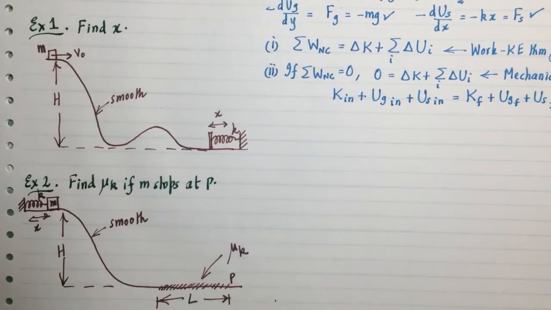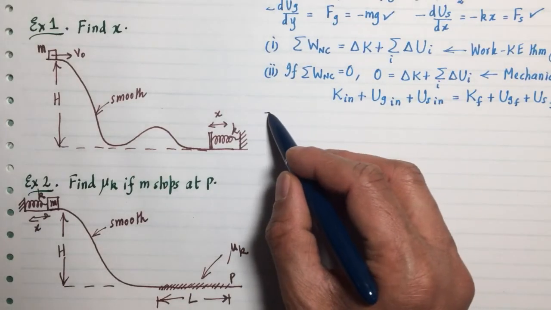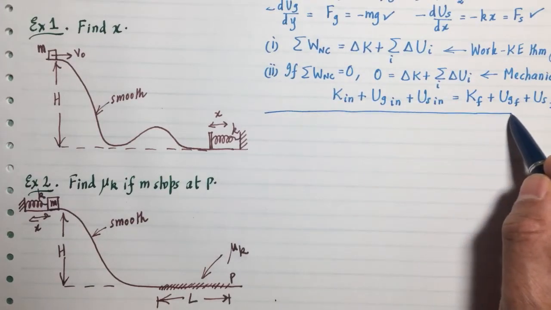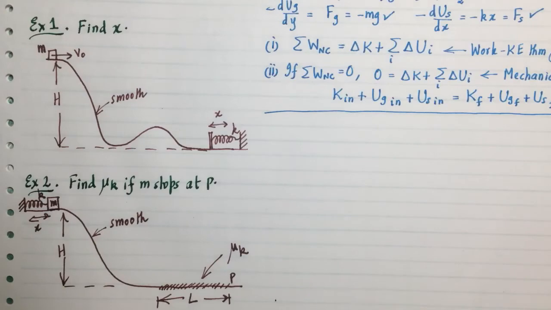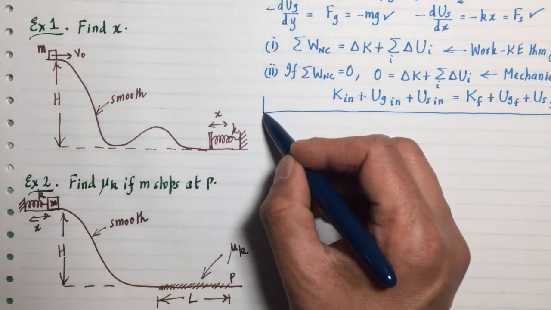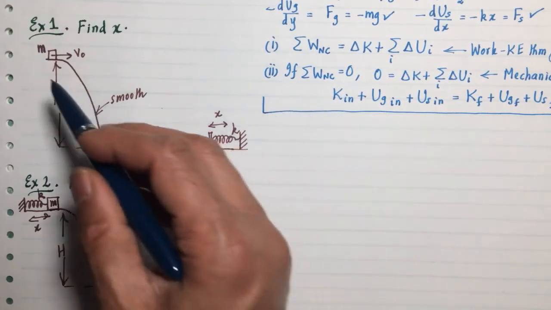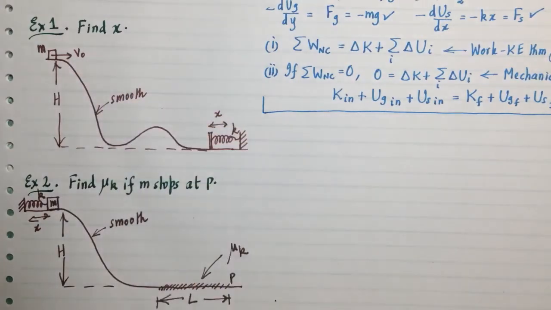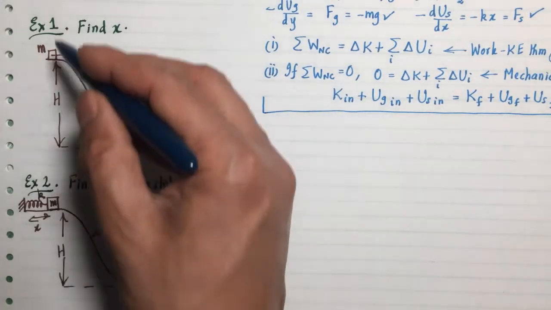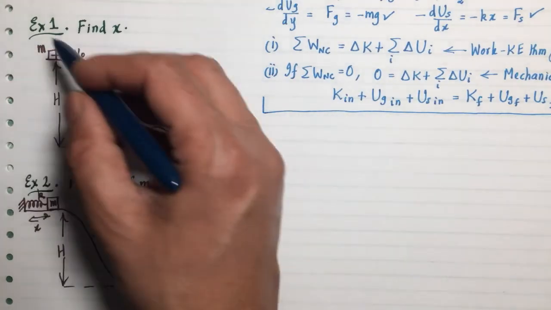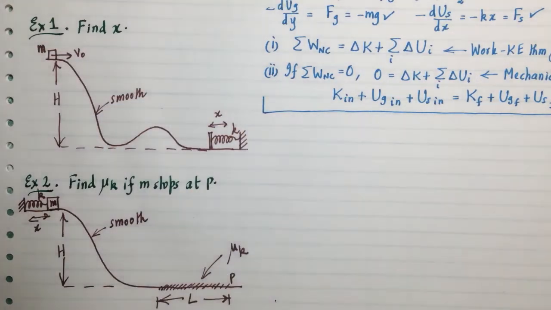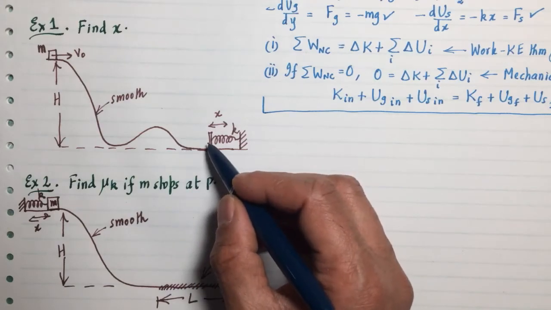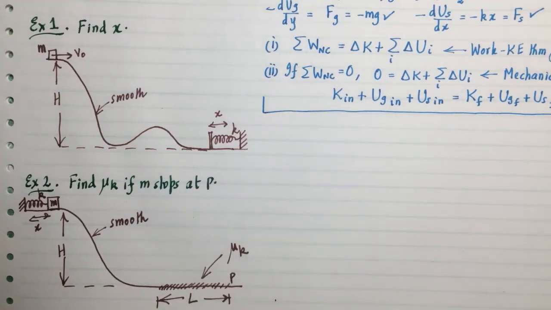The first example that we'll be looking at has a hill which is completely smooth, no friction. A particle, or block, of mass m starts off with some initial speed at a height h above the ground, and it does some weird roller coaster like motions and ends up compressing the spring.